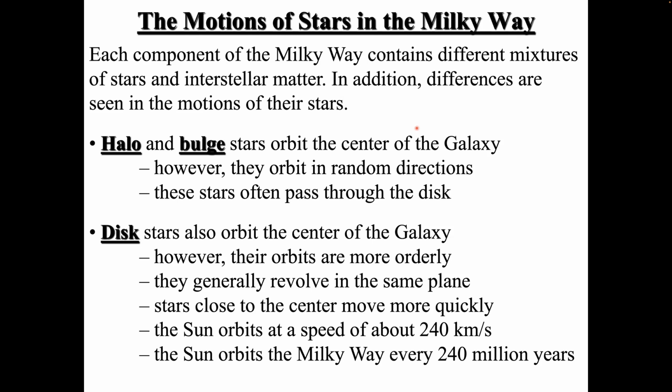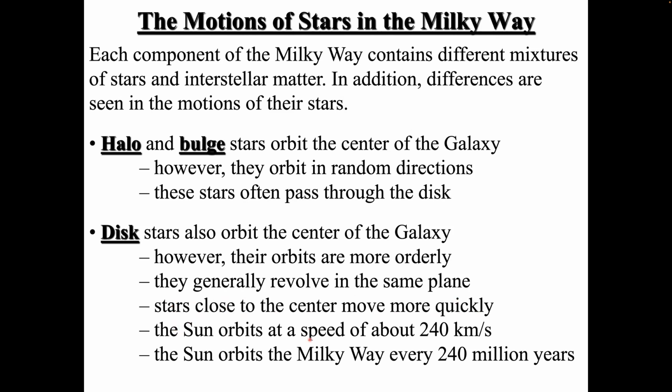However, if you look at the disk of the galaxy, the orbits are more ordered, so they revolve around in the same direction on the same plane. The only thing is that stars close to the center move more quickly, and that is because of the supermassive black hole at the center.